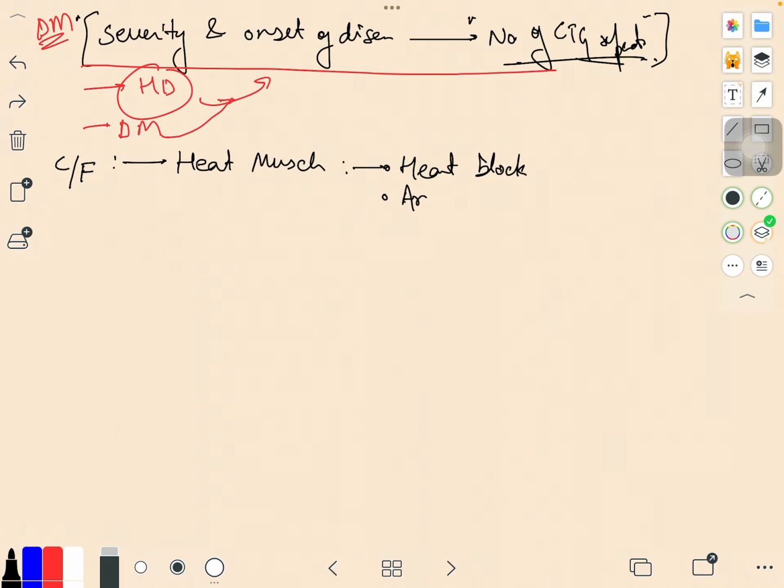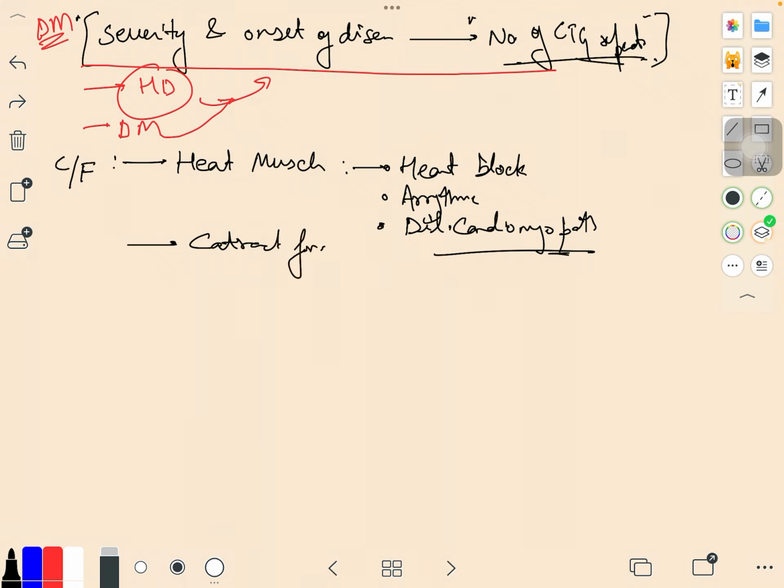There can also be arrhythmias, and there can be dilated cardiomyopathy. Three main things to remember for the heart muscle. Then there can also be cataract formation.